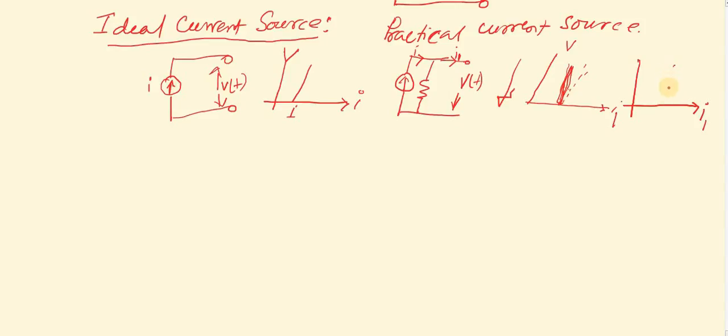This is our independent value, the real or ideal value of current, and this is the practical value of current, and this is our V. So this is the ideal current source and this is the practical current source.